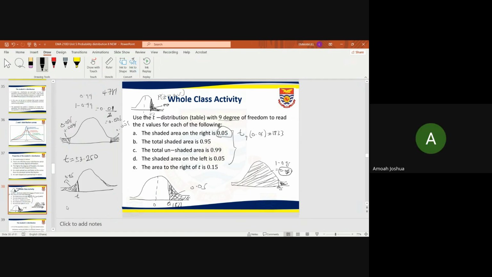The negative 1.833. Okay, so T value to the left side of degrees of freedom 9 as against 0.05 will be equal to negative 1.833, like that.